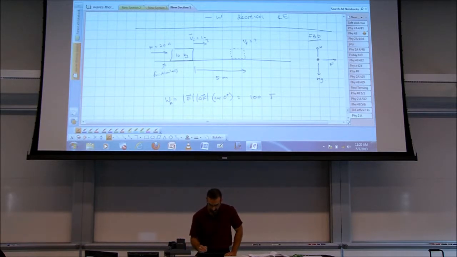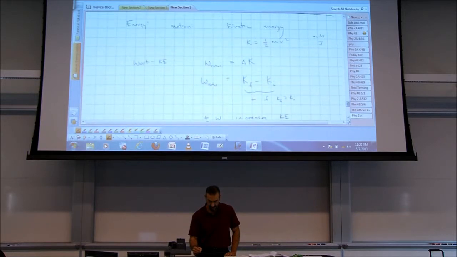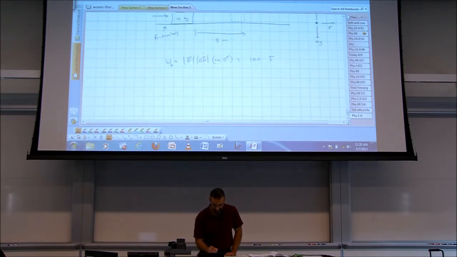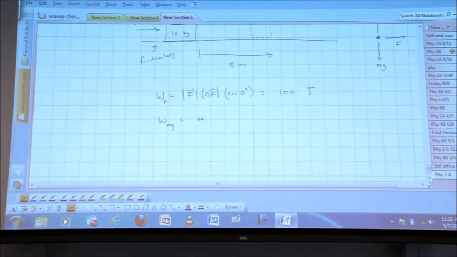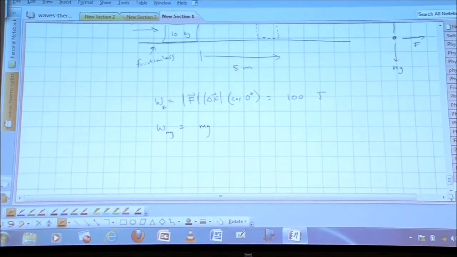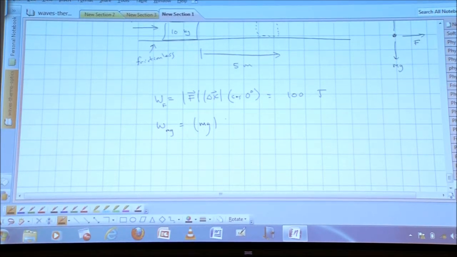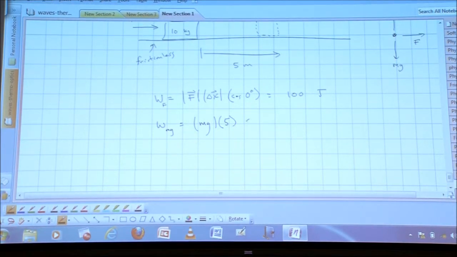Okay, so I just told you it's the total work done, the net work done, is the change in kinetic energy. So let's find the total work done here. The net work done is going to be the sum of all of them. The work done by F, we just found. The work done by gravity is going to be what? mg times 5 meters times the cosine of 90 degrees.